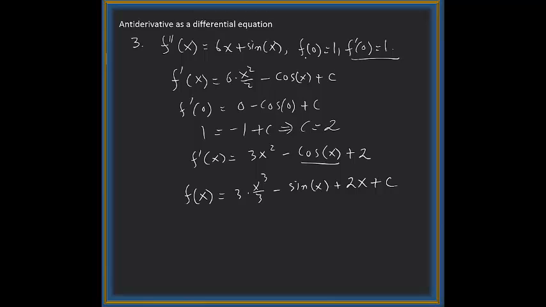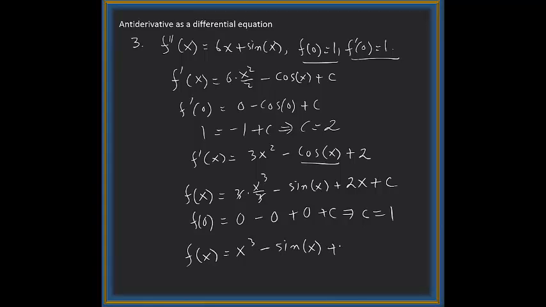Now use the condition we have, f of 0. When x is 0, we get this term cancelled out. x to the 3 is also 0, sine 0 is 0, 2 times 0 is 0, plus c. Since f of 0 is 1, that tells me c equals 1. So then we have got our function f of x, which is x to the 3 minus sine x plus 2x plus 1.